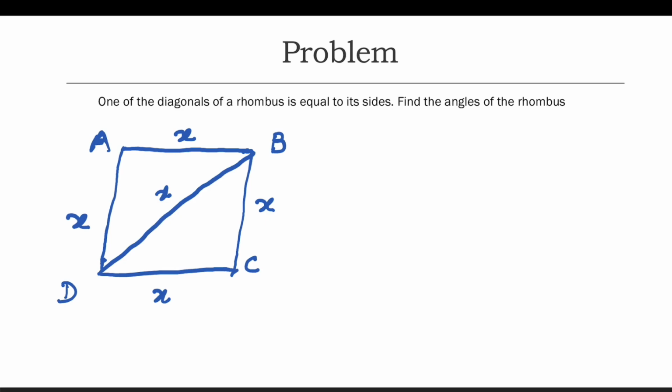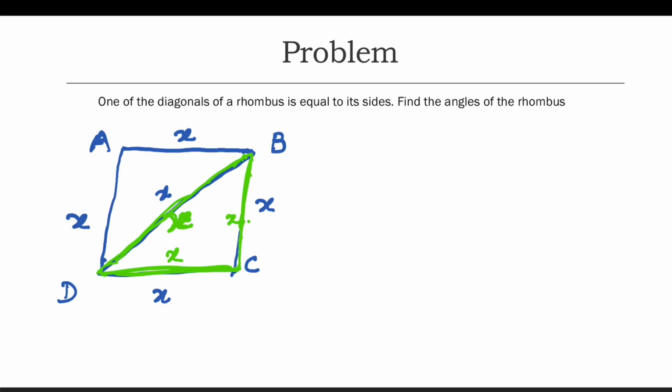Now, just let's look at this triangle. What is happening with this triangle? This is x, this is x, this is x. So this is an equilateral triangle. What are the angles in case of equilateral triangles?